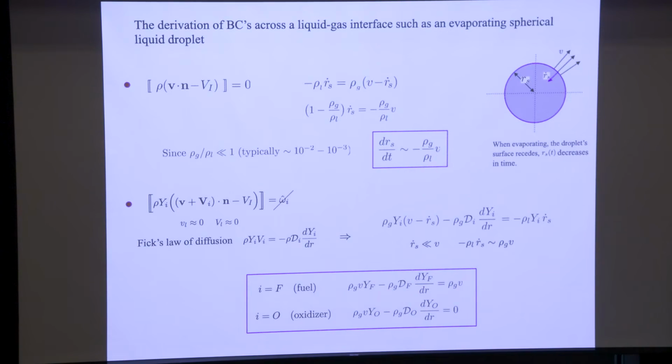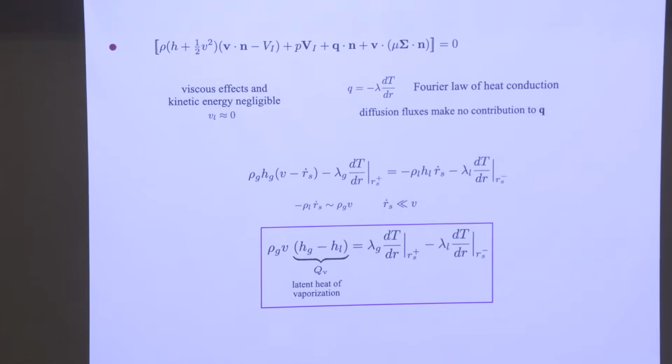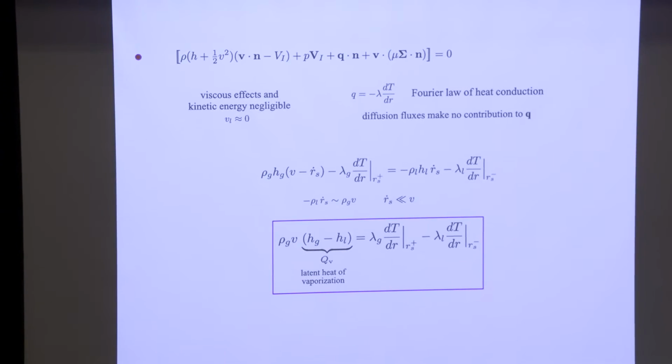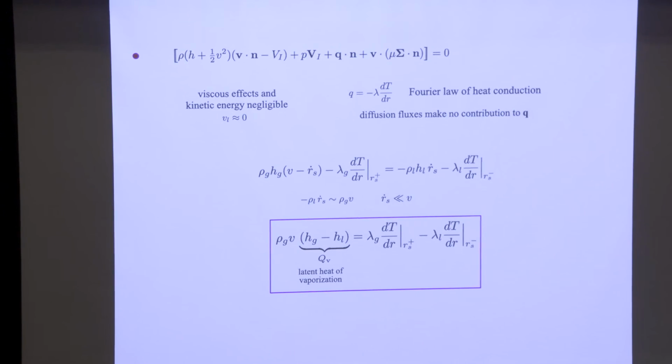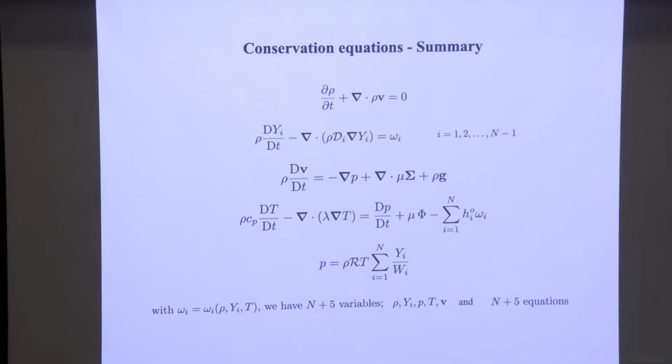So anyway, I just wanted to point out that this conservation equation can be used also to derive more appropriate equations across interfaces, and that's the main point of this discussion. Similarly for the energy equation across the droplet, I will discuss that when we talk about droplet combustion, so I'm going to skip it here.